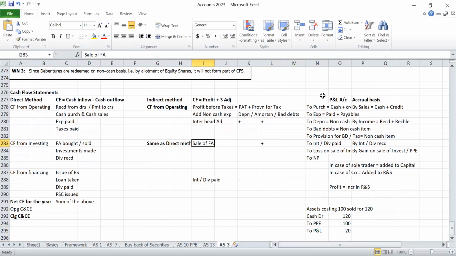What will I do here? For sale of fixed assets, I will add the total cash inflow of 120. But in the profit and loss account, I would have added only 20. So I should deduct 20.